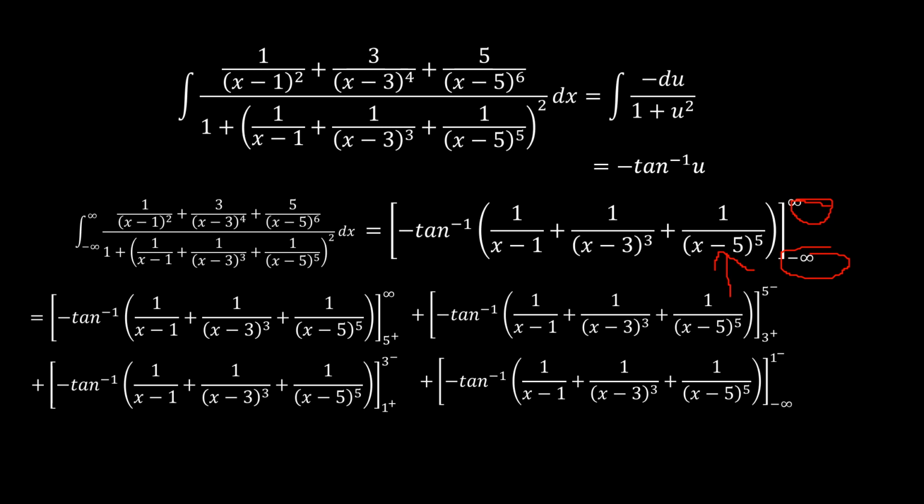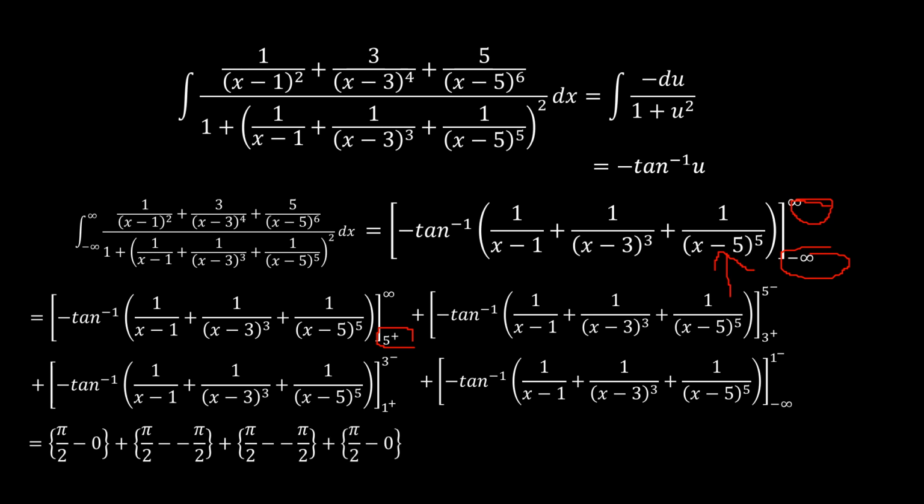And as you can see, since it tends to infinity around this point here, this value tends to 0 at infinity. So we have initially pi over 2 minus 0, because there's a negative side, so the lower limit becomes positive.